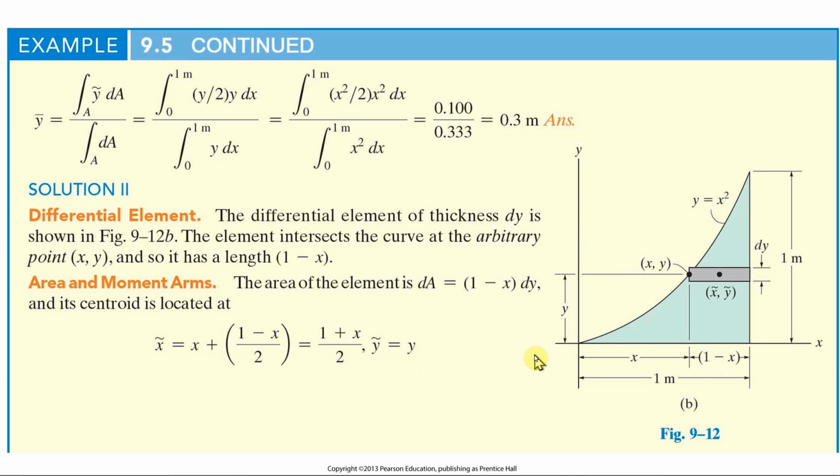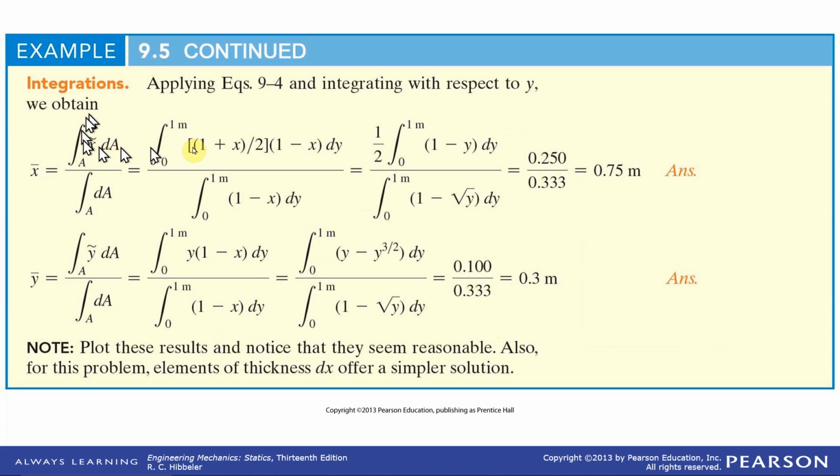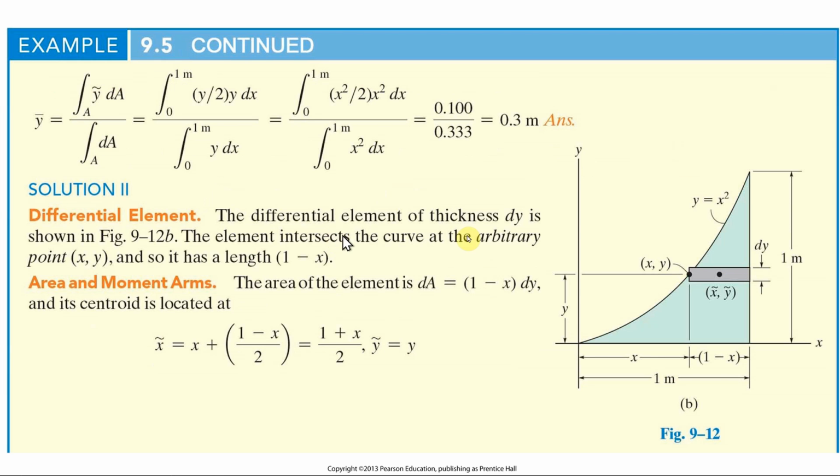So just keep these in mind. Do the same sort of thing. 1 plus x over 2. dA is (1 minus x) dy. Remember, here's the length 1 minus x. So the area is (1 minus x) dy.